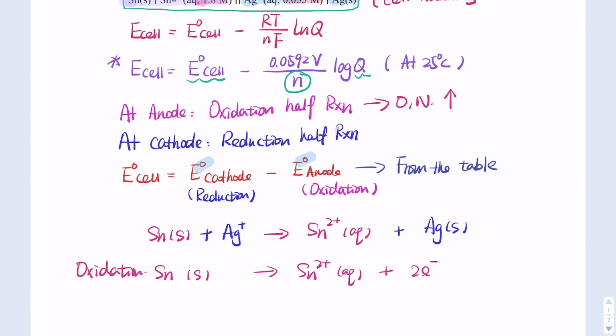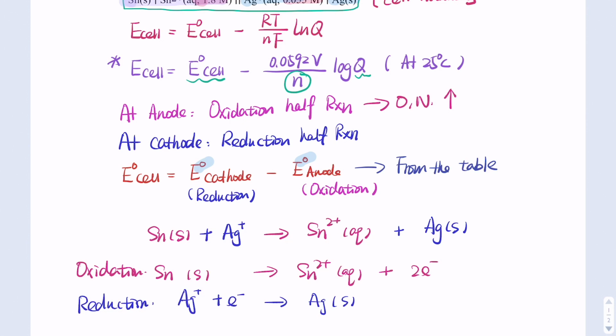And then the reduction half reaction, so you have the oxidation number decrease, silver ion turns into silver, and the electrons will be part of the reactants. So it's going to be 1.